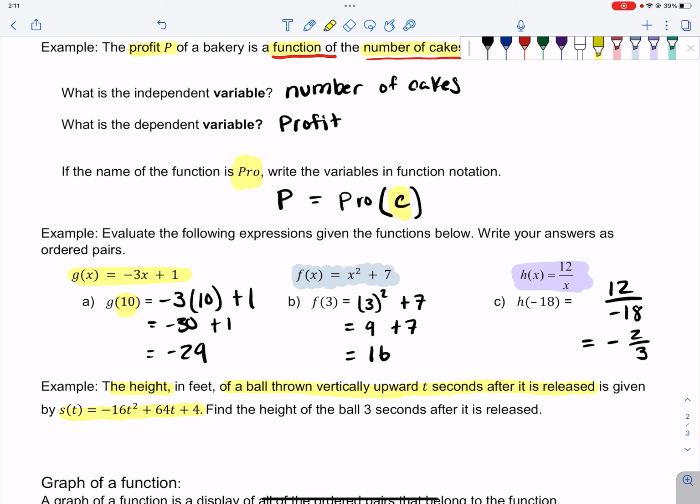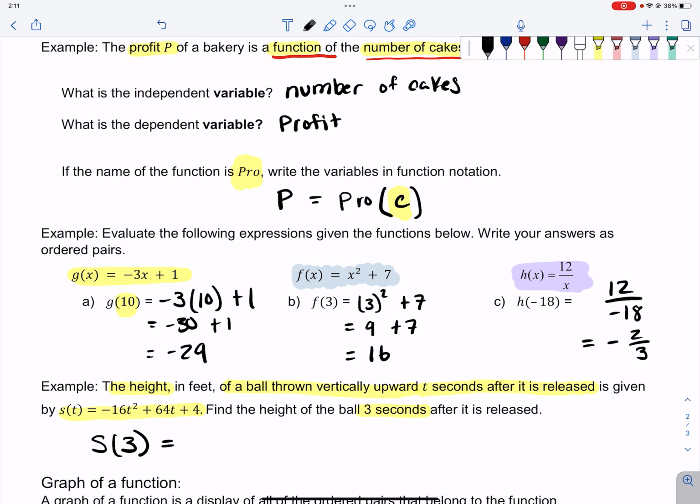And what we want to do is find the height of the ball 3 seconds after it is released. So in this equation, t is representing seconds, so that means we need to replace t with 3, and we are going to be evaluating what s of 3 is.